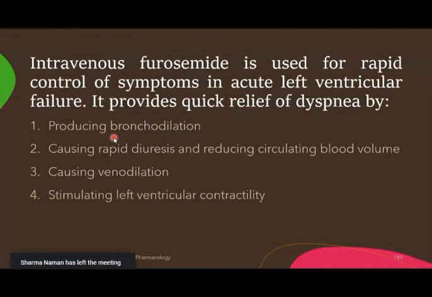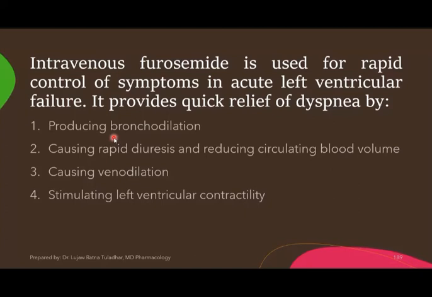Intravenous furosemide is used for rapid control of symptoms in acute left ventricular failure. It provides quick relief of dyspnea by. Prince Mahato, are you there? Prince Mahato.